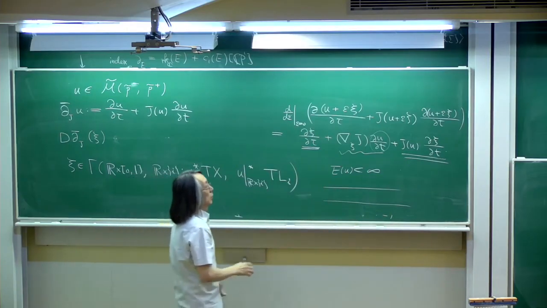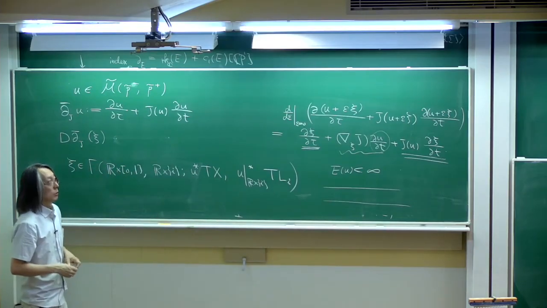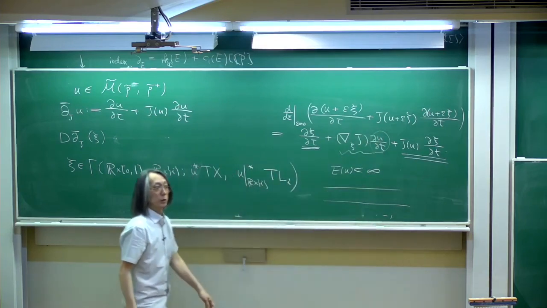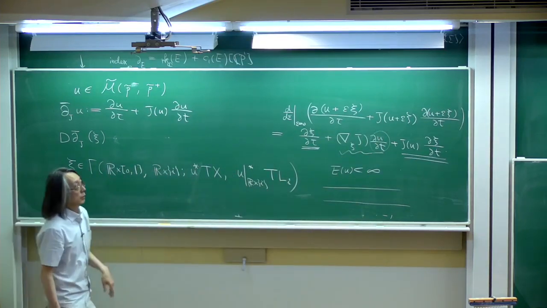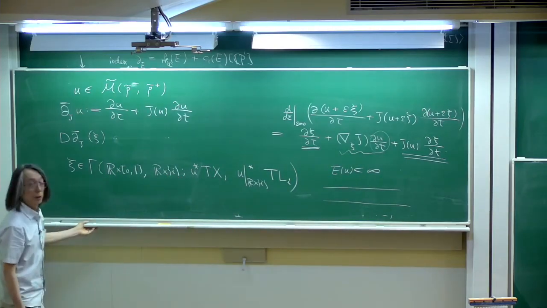But anyway, you can think of it as a kind of compact perturbation of this operator. So if you know that this one is Fredholm, then this one is also Fredholm, and the index doesn't change if you drop this.